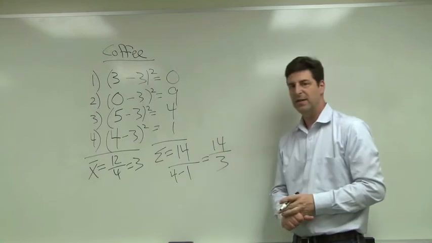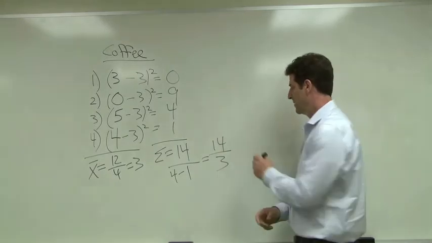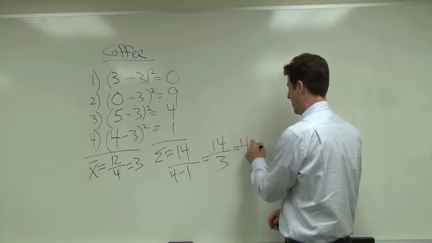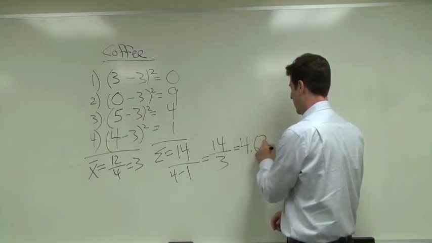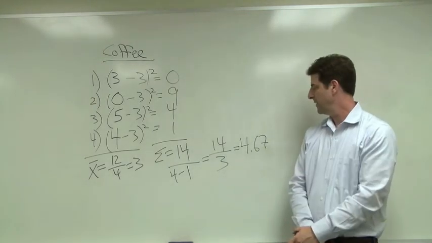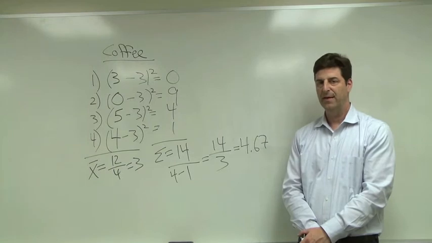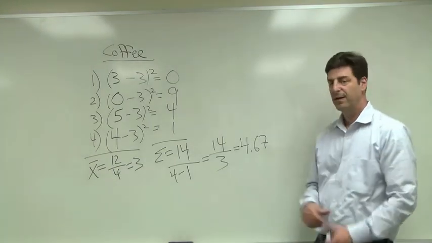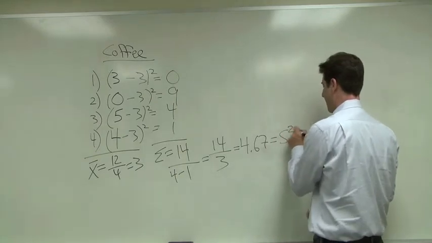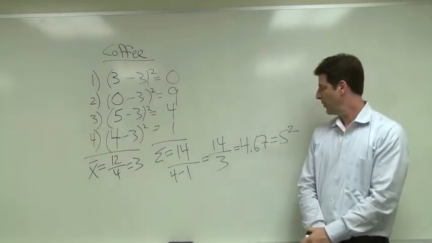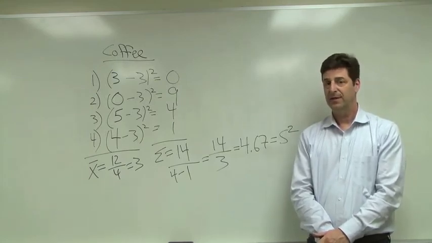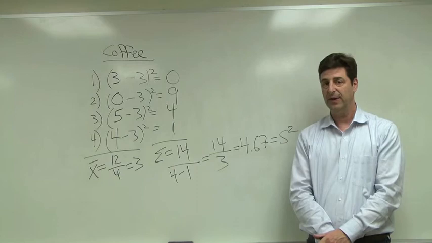So we have 14 divided by 3. 3 goes into 14 four and 2/3 times, so 4.67. And that is our sample variance. Sample variance is 4.67.